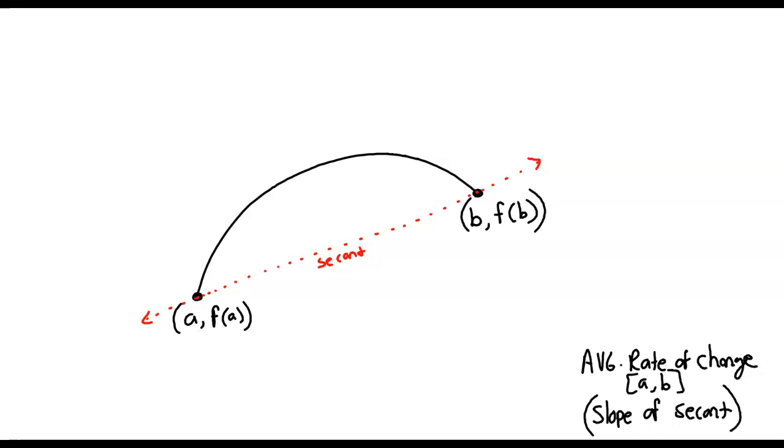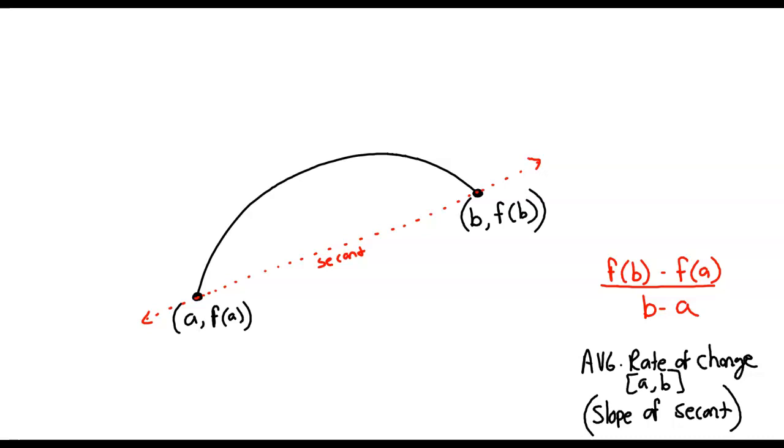So how do we find the slope of that line? Well, we do the old school y2 minus y1 over x2 minus x1 formula, right? So it's going to be f of B minus f of A over B minus A. Okay, so that's the average rate of change of that function on the interval from A to B.